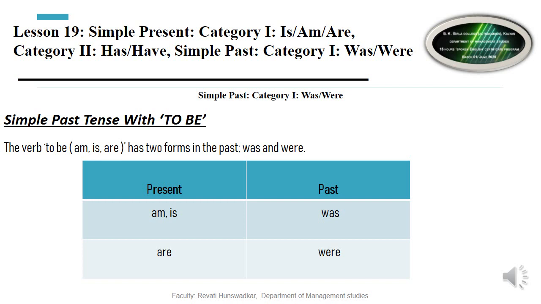What will be the past? He was short. They are mad? They were good. So here I have converted am, is into the past form was, and are I have converted into were as a past form verb.